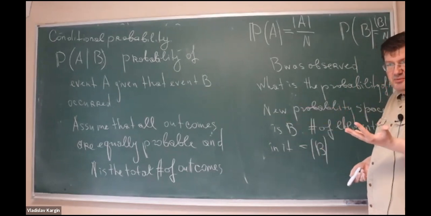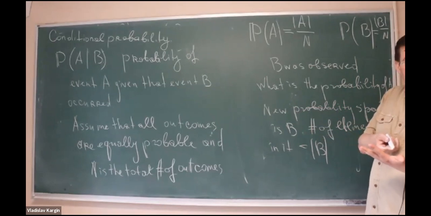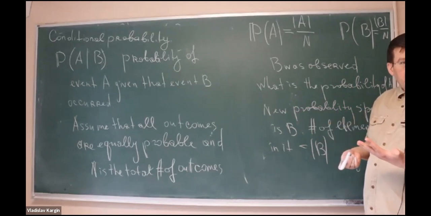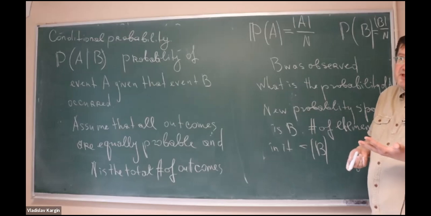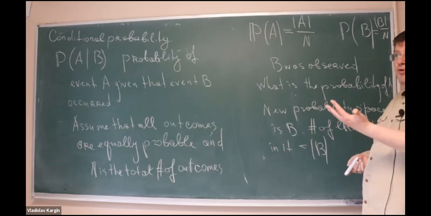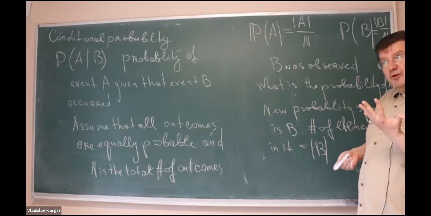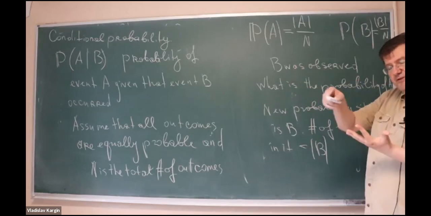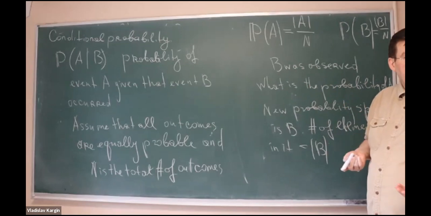If it's consistent with what you see, all other outcomes are equally probable. This is a natural assumption. You don't really know what other people have from looking at this. The only thing you know is that they cannot have something which is inconsistent with what you have.